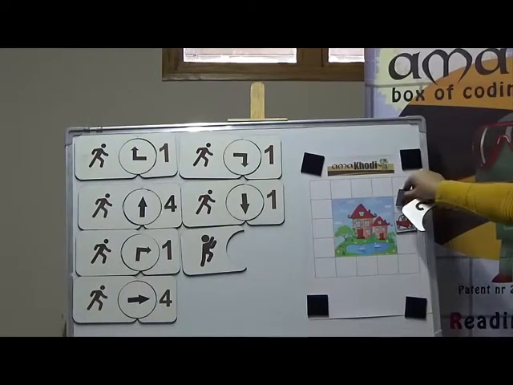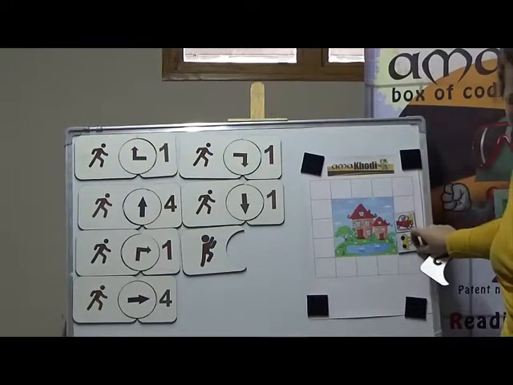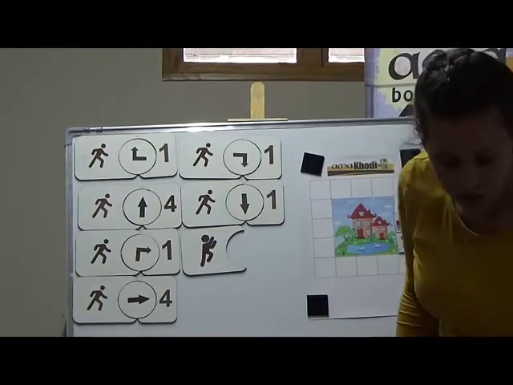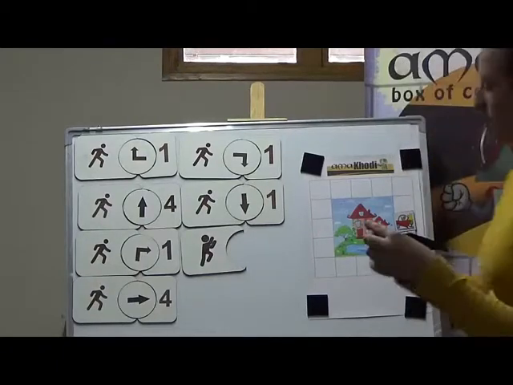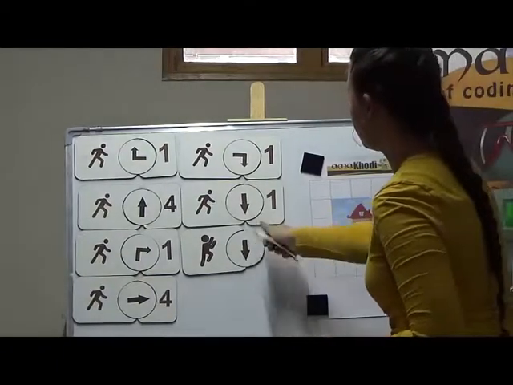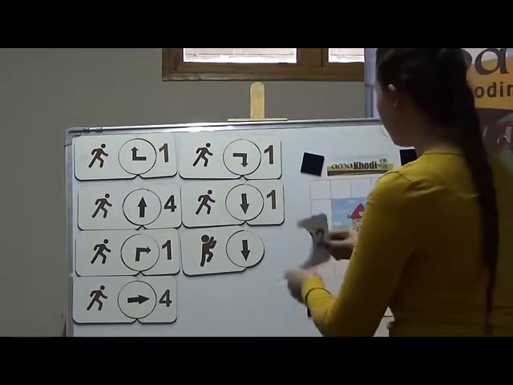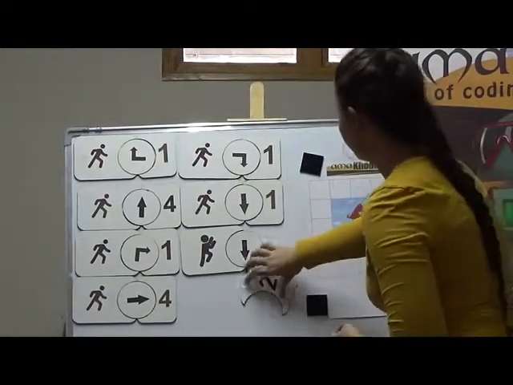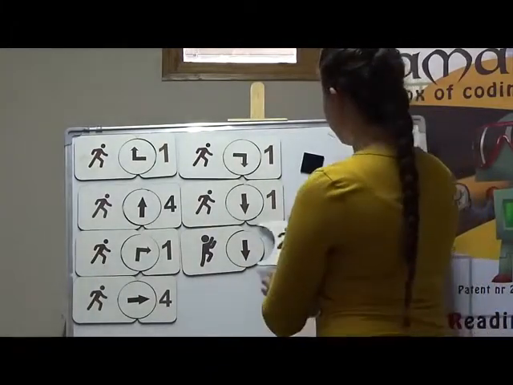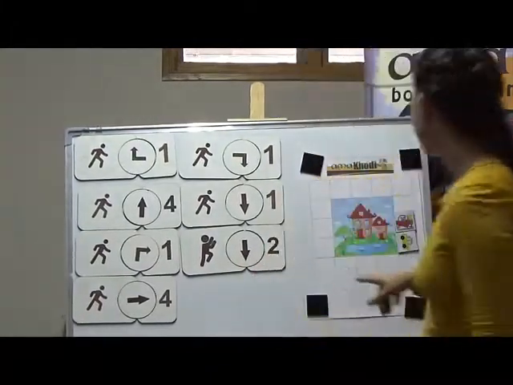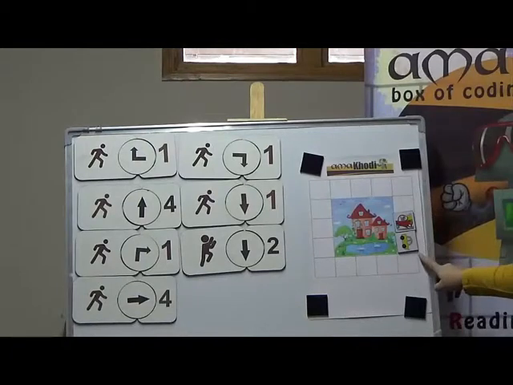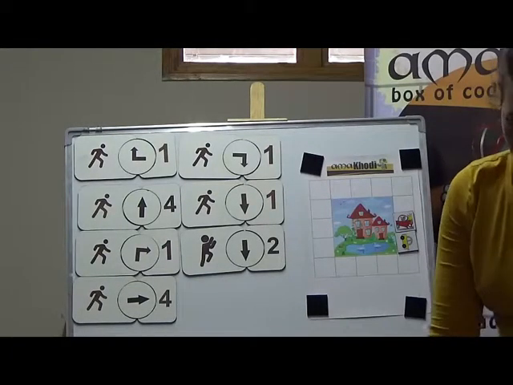No. We jump down. Remember, your arrow must then point down. And we jump again, 2 jumps. Do you see that now we went past the car, so now we can drive to school. Thank you.